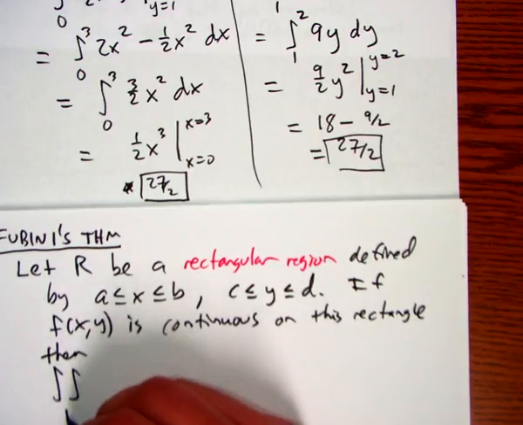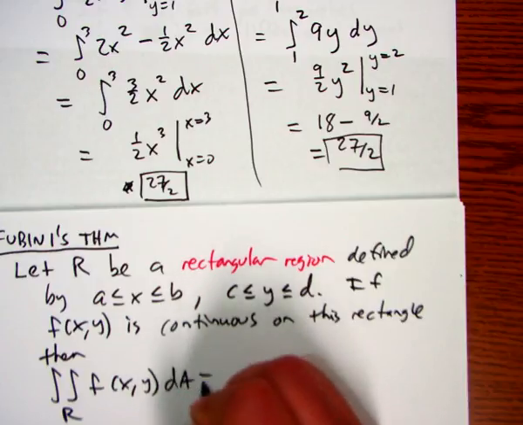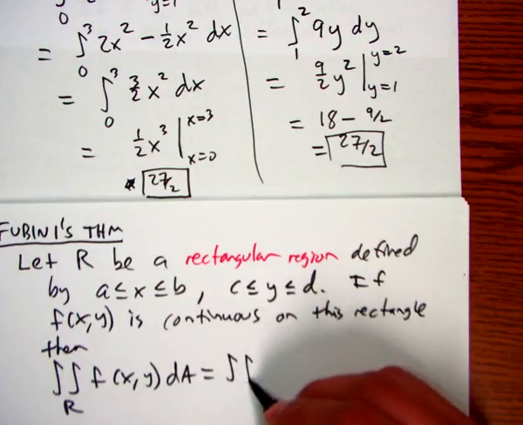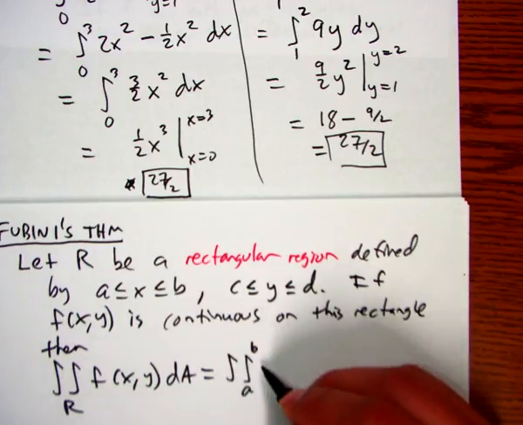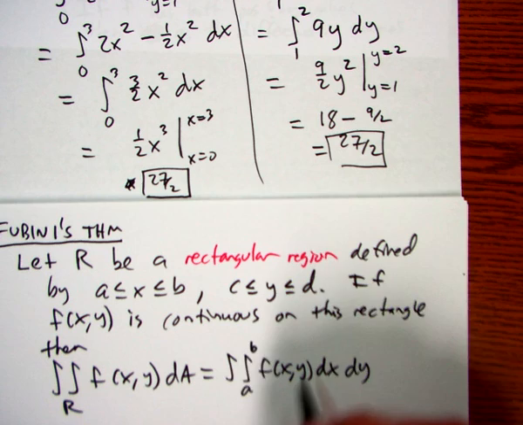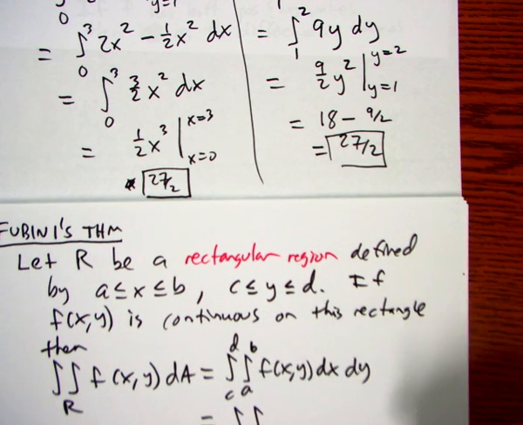So you could do the double integral over a region, in this case a rectangular region R, either with respect to x first and then y, or if you prefer, and you'll see why you might want to switch things. Here it doesn't really matter.